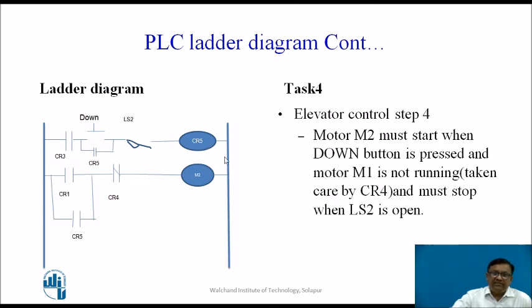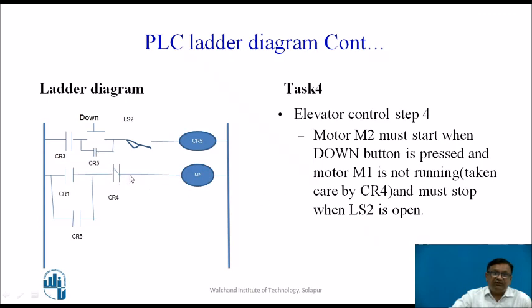And the last step is elevator control step 4, that is motor M2 must start when the down button is pressed and motor M1 is not running. That means at that time the object must not be going upwards when I press the down button, otherwise there will be no effect, and it is taken care of by CR4 here.